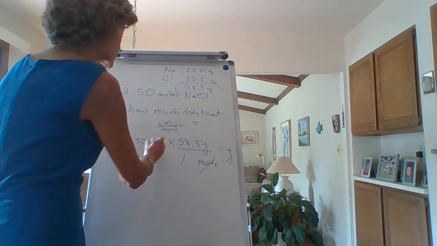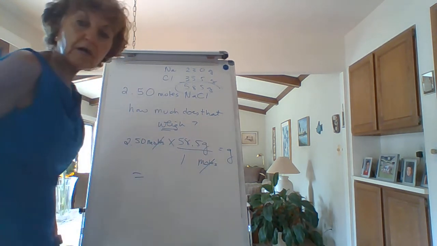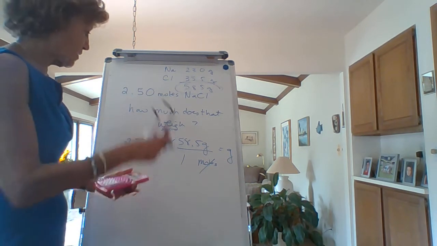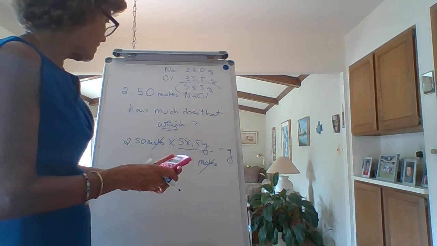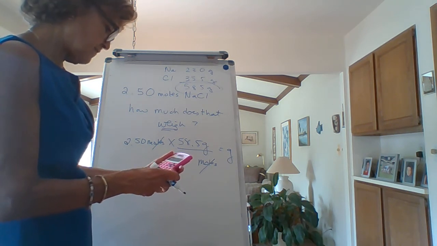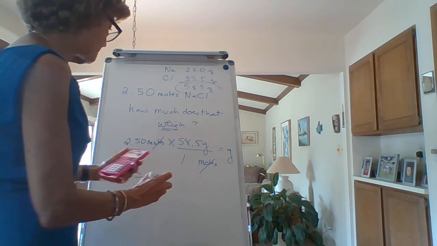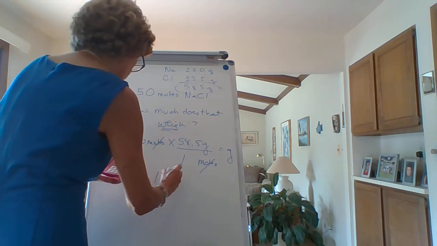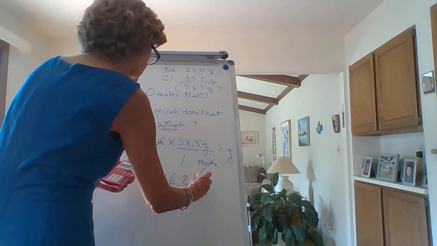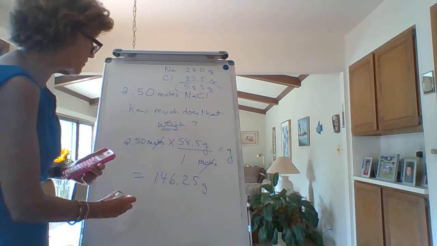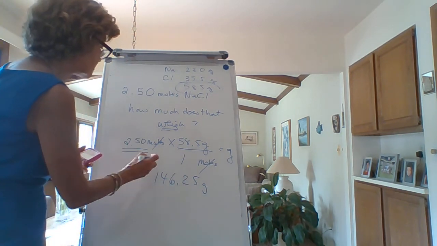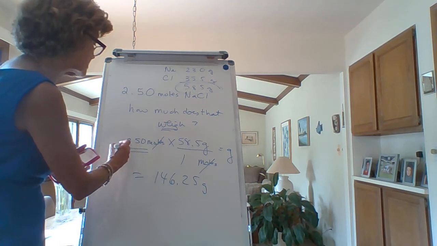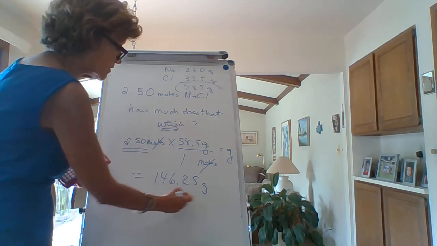Moles cancel. All right, we pick up our calculator again, which is right here in my hand. 2.5 times 58.5, and your calculator says 146.25 grams. Now you can't report all of that because we're limited by sig figs. The given number, the measured number, was 3 sig figs, so I need to round this to 3 sig figs.